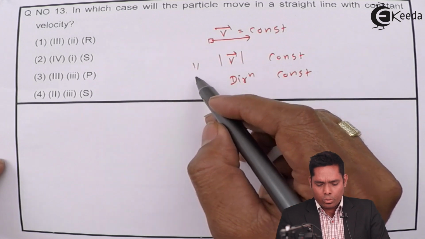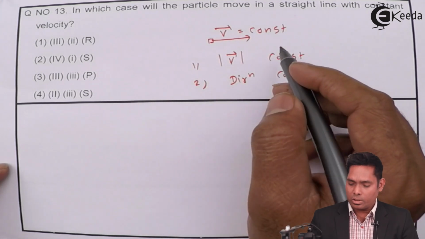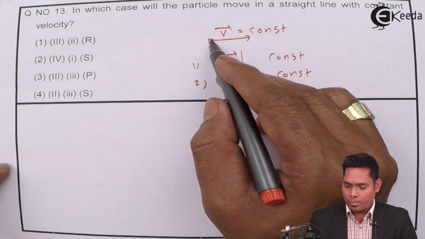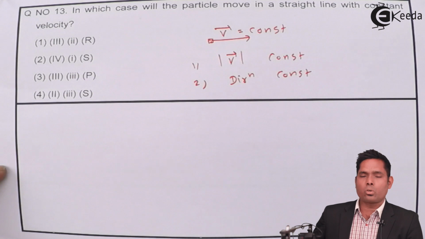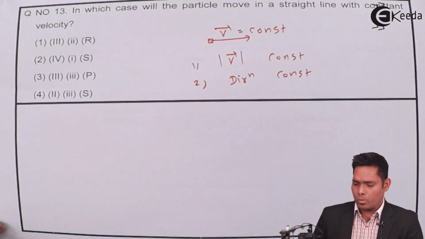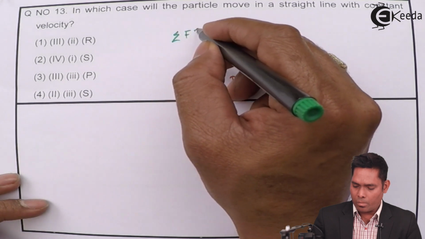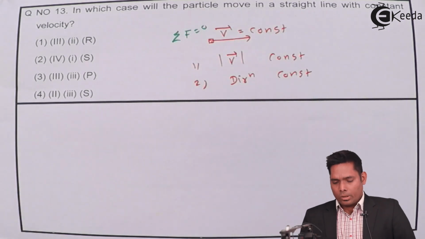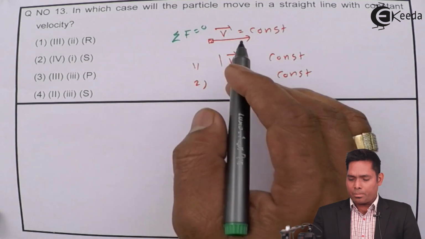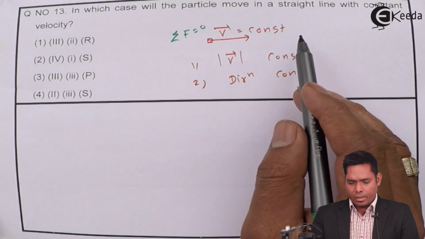So for these two conditions to be satisfied, the body which is moving must be subjected to net force 0. The sum of all the forces acting on the body must be 0. So the particle must have net force 0, then only it will move in a straight line.